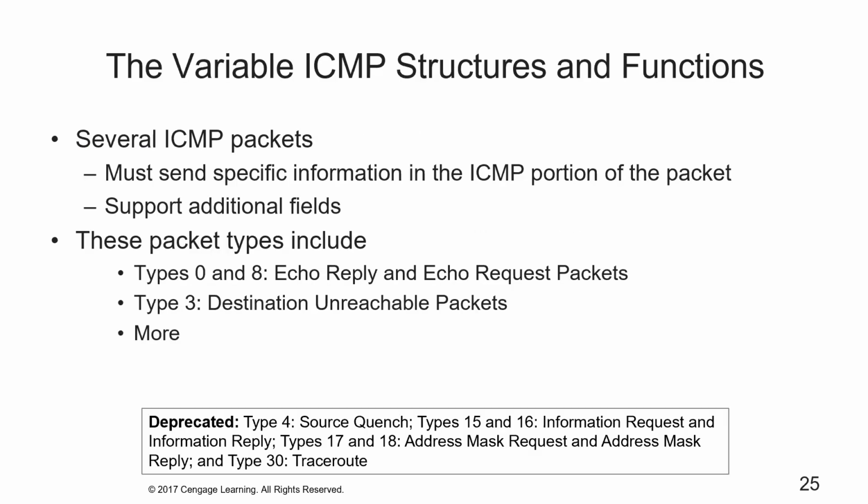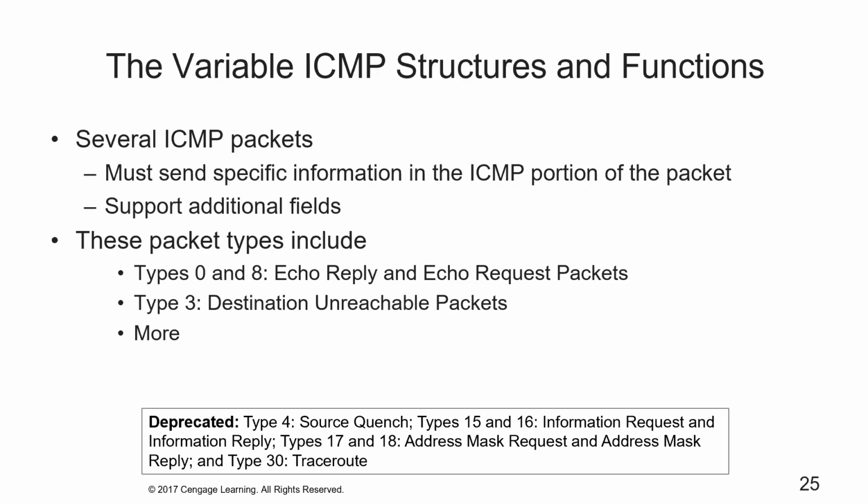So, ICMP structures and functions. Several ICMP packets have to send information in the ICMP portion of the packet, and it supports additional fields. The packet types include type 0 and 8, so echo reply and echo request, and type 3, which is destination unreachable.